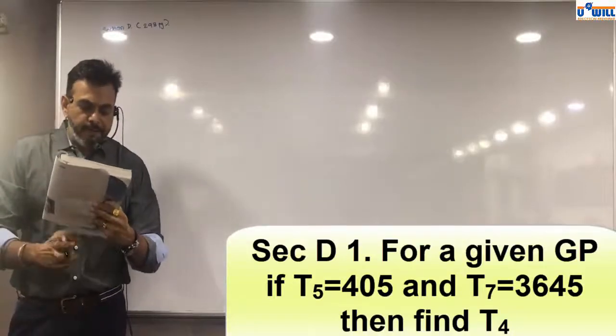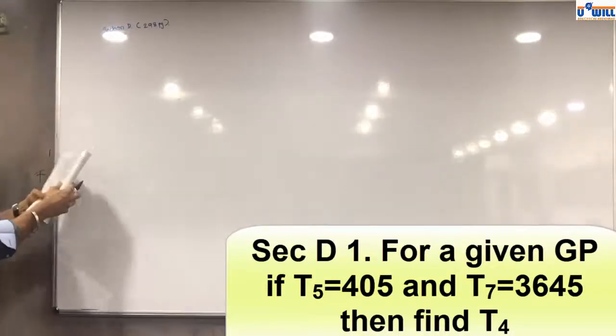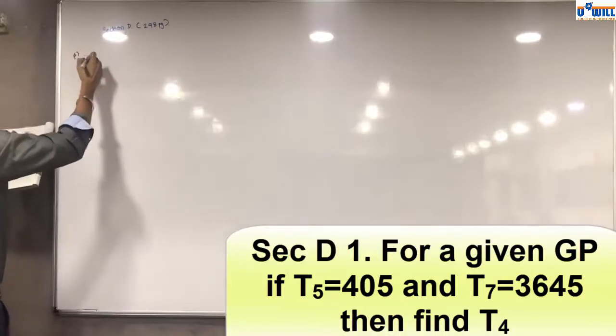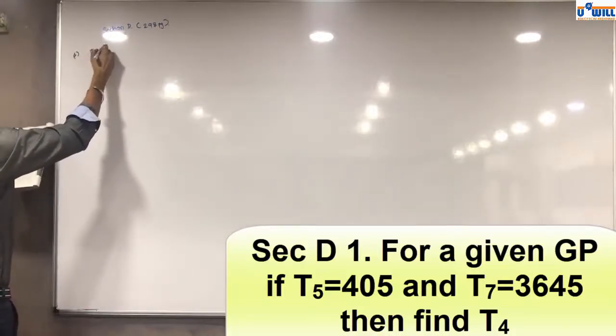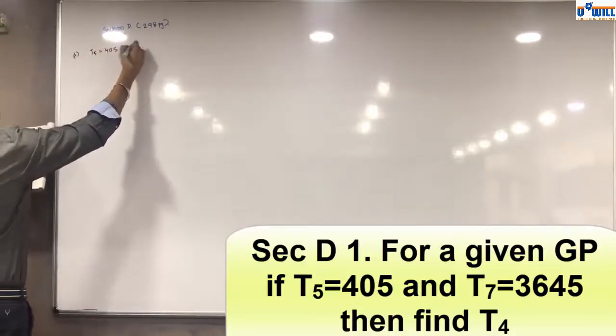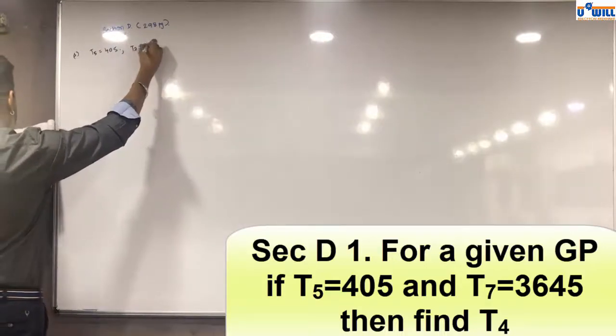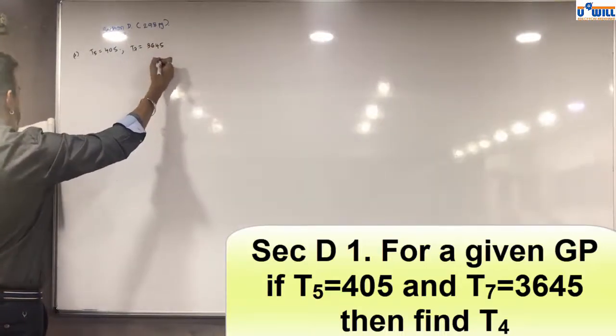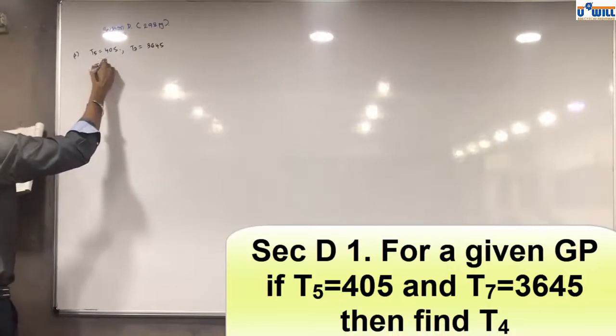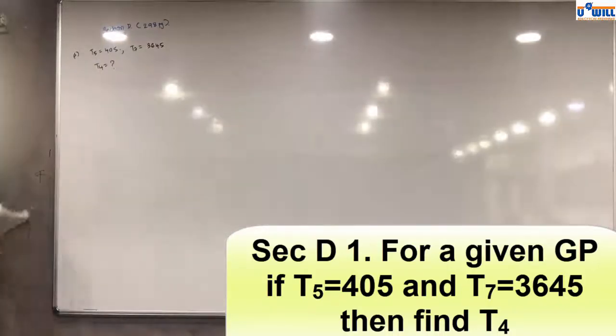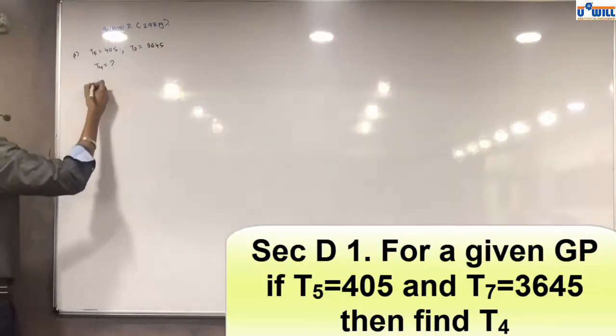Section D. First one. For a given GP, if T5 is equal to 405 and T7 is equal to 3645, then find T4. Now in such sums, very simple.